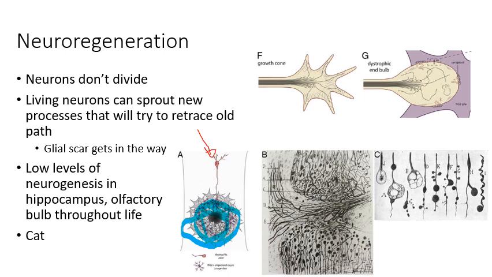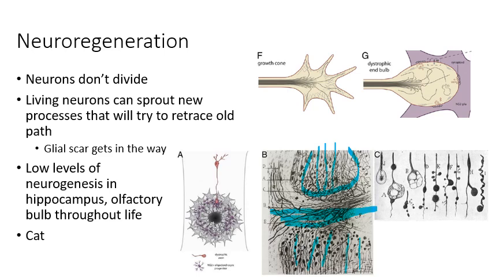So right here you have axons that were damaged. You have a cut in the spinal cord right here and a glial scar that formed, and on either side axons are trying to get back through. But they can't do it, the glial scar is in the way. This is one of the reasons why spinal cord injuries are so difficult to recover from.